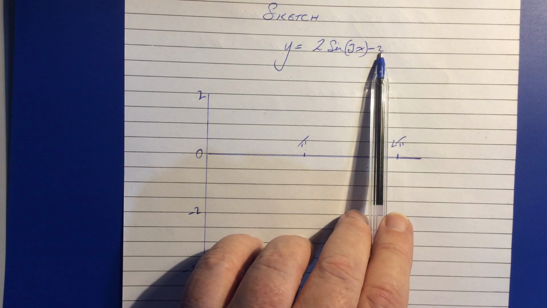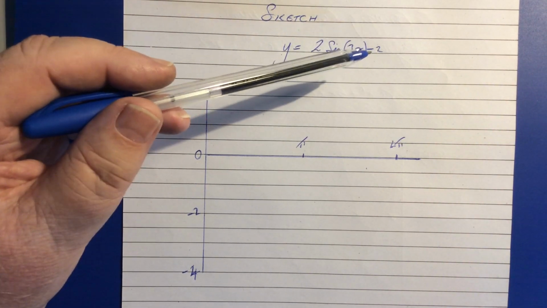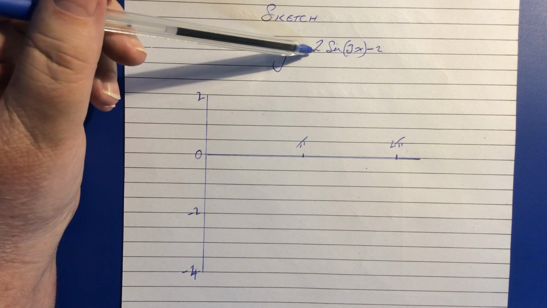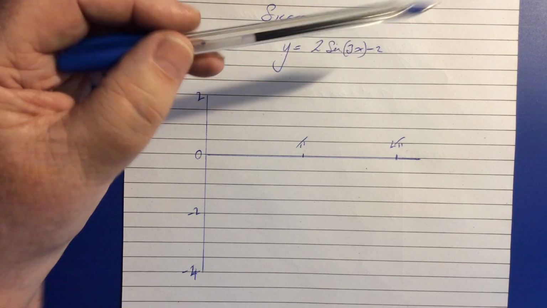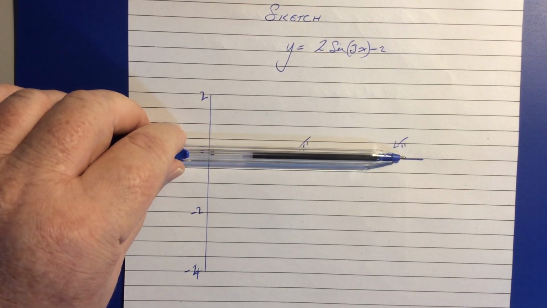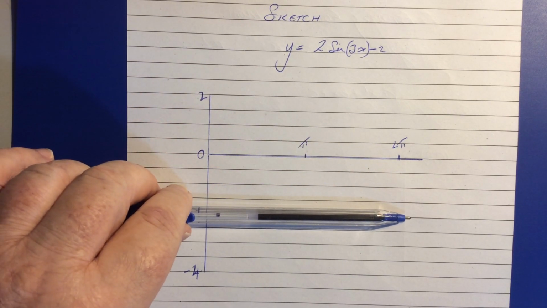Let's deal with this one secondly. If everything else here were pretty standard, so if this were 1 and this were 1, all that this would do is move the graph from a median point here down to here.